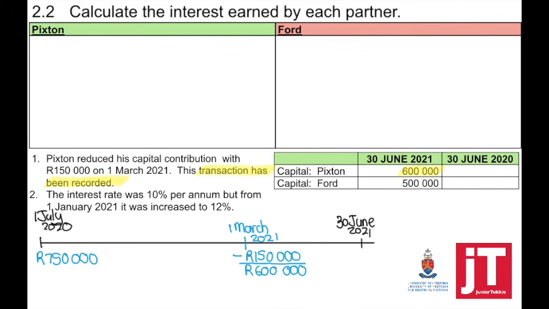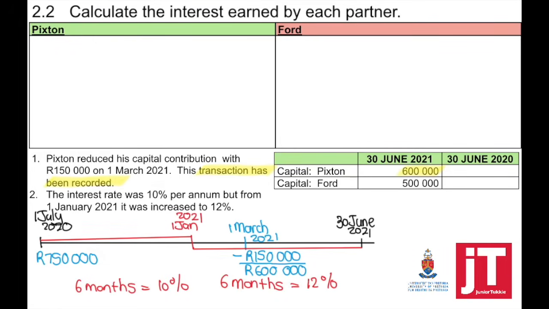So now to calculate the interest. Interest was at 10% per annum, but from the 1st of January, it was increased to 12%, which means that interest must be calculated for 6 months at 10% and for 6 months at 12%.